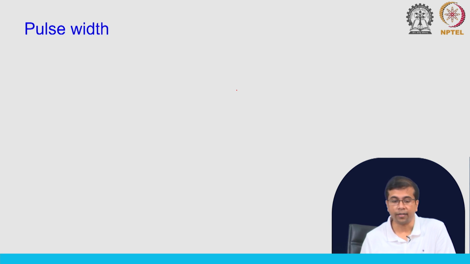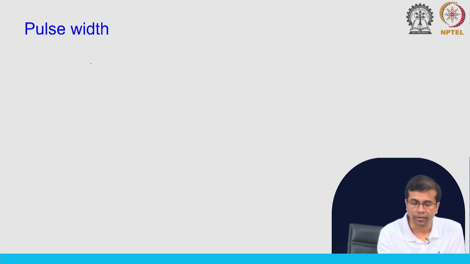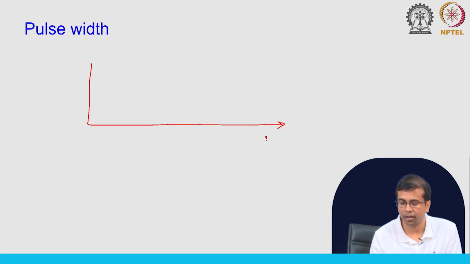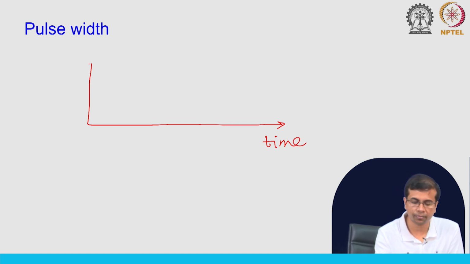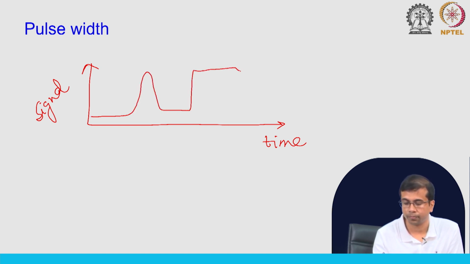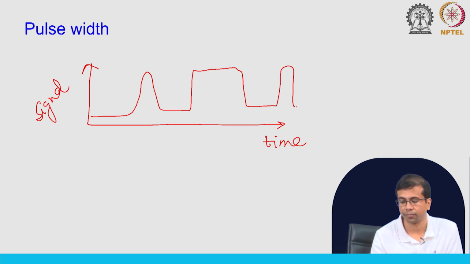There is another parameter that we can also measure, called pulse width. Again, if we draw the time versus signal, this is what is pulse width.